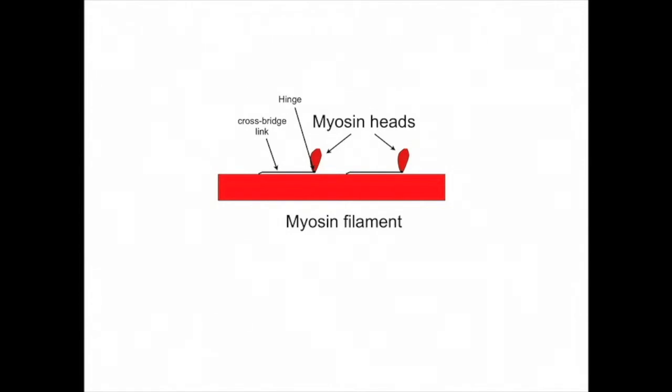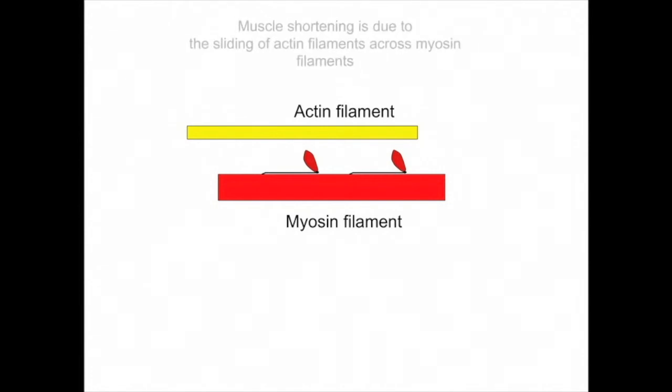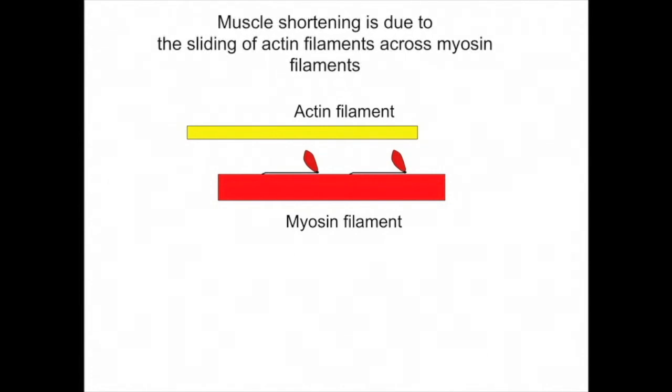Here is how it works. First, the cross bridge moves upward, allowing the myosin heads to bind to the actin filaments. The heads then rotate, that is ratchet forward, moving the actin filament. The heads then detach from the actin, ratchet back, attach to the actin again, ratchet forward, moving the actin, and the cycle repeats.